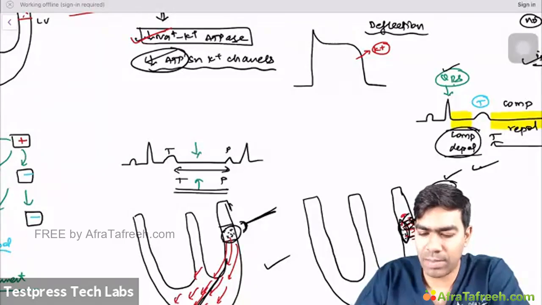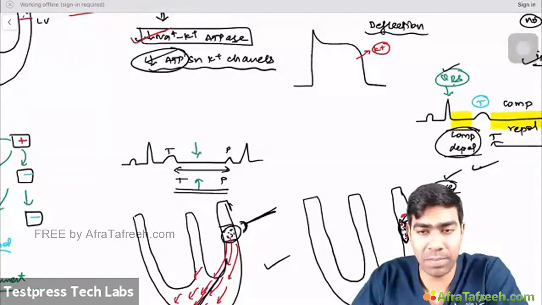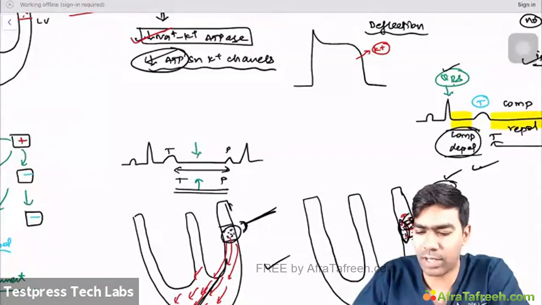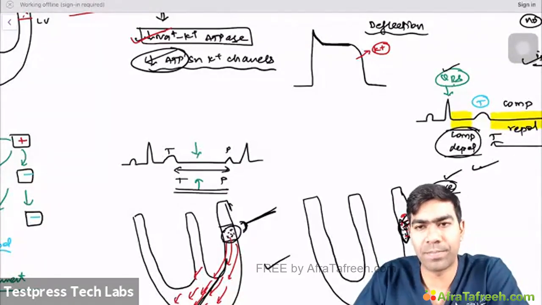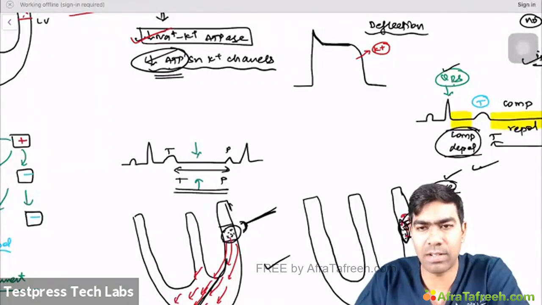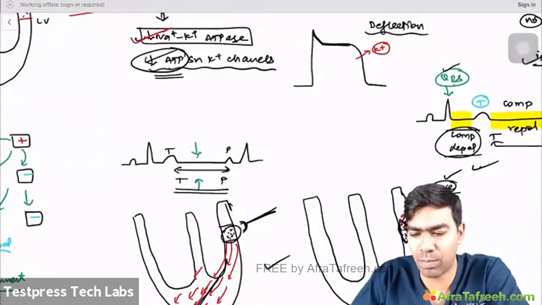What these ATP sensitive potassium channels do is, if the ATP is good, they stop the potassium leak. This is really important during the isoelectric point and the early stages of depolarization, where ATP, when in excess, stops the potassium from moving out.